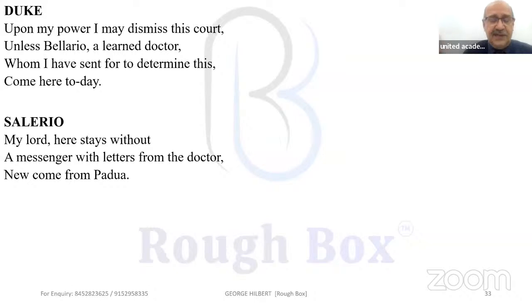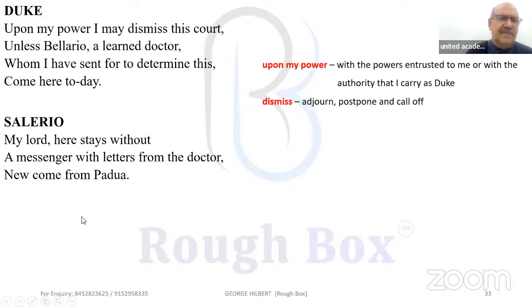Look, as a Duke, I have with me powers to adjourn this court, call off the case, scrap it, destroy it completely, unless Bellario, a very wise judge of law, whom I have sent for to decide this case, comes here today.